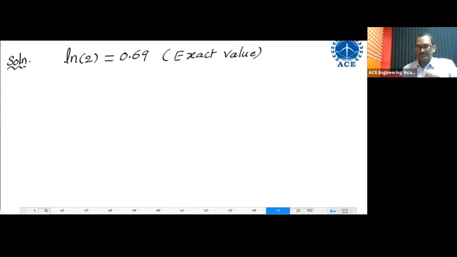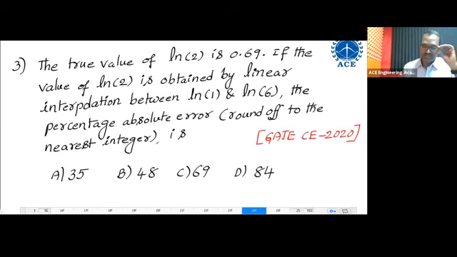Now suppose the true value of ln2 is given, then we need to find the approximate value of ln2, which should lie between ln1 and ln6. Interpolation means finding a value between two particular values.